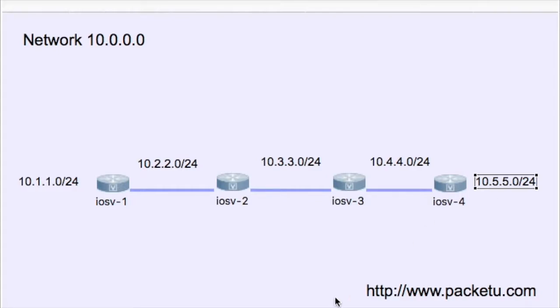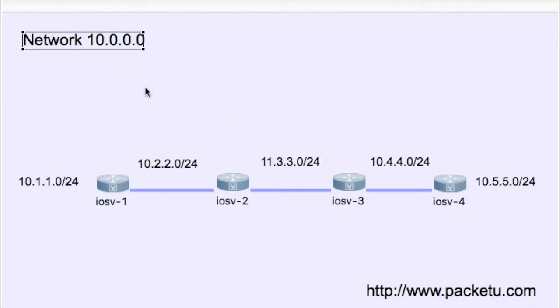It's separated. So if I make the network in the middle, if we convert this from a 10 network to an 11 network, it is now these two subcomponents of the 10 network that are separated from 10.4.4.0 and 10.5.5.0 by a network, or a subnetwork in this case, that's part of a different network range.